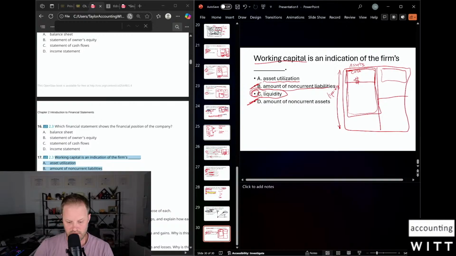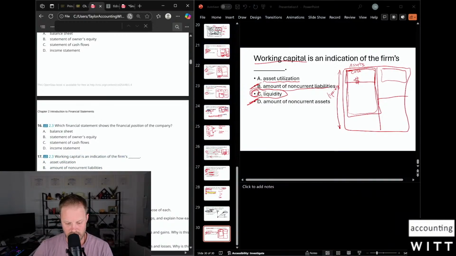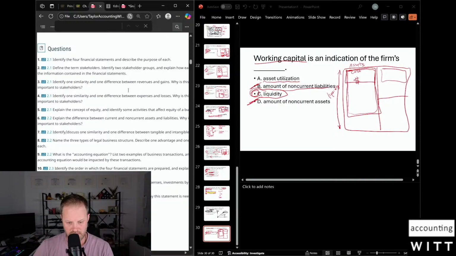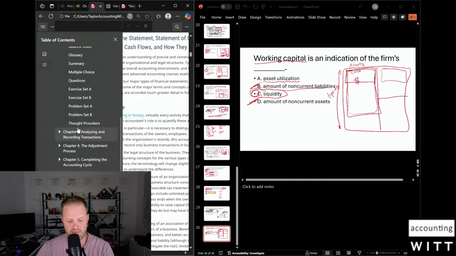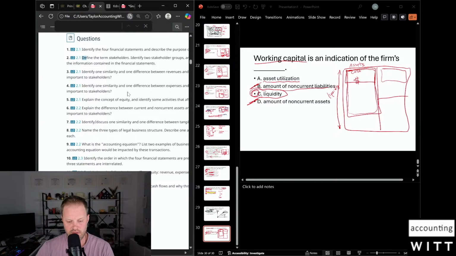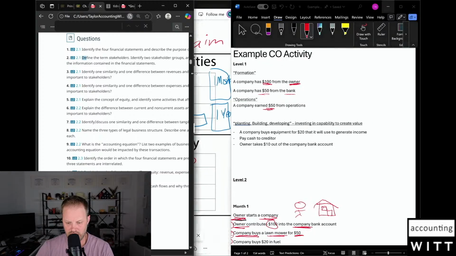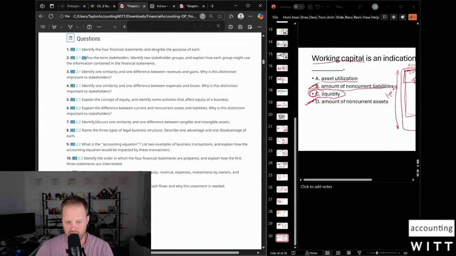Okay. These questions seem cool so far. Identify the 4 financials. We should be good at that by now. Define the term stakeholder. Revenues and gains.